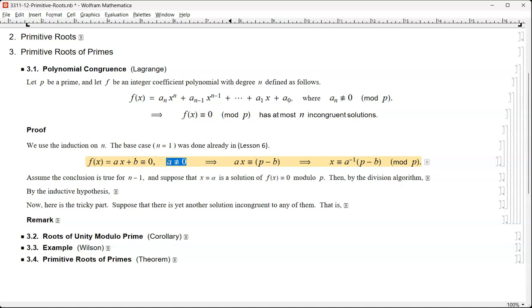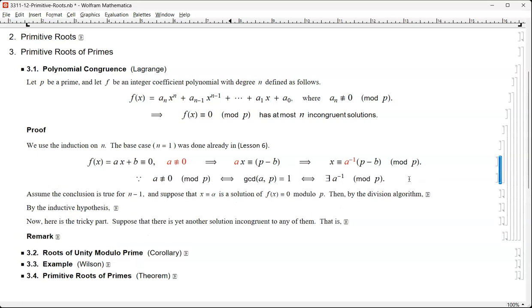If a is non-zero mod p, p prime, that means a and p are relatively prime. So ax is congruent to something, we can divide by a. The multiplicative inverse a inverse exists if and only if a and the modulus are relatively prime. Remember that?